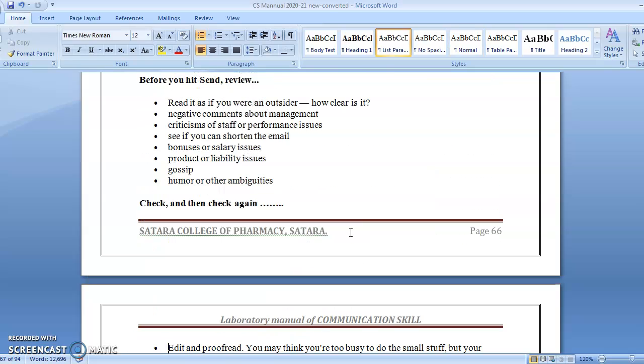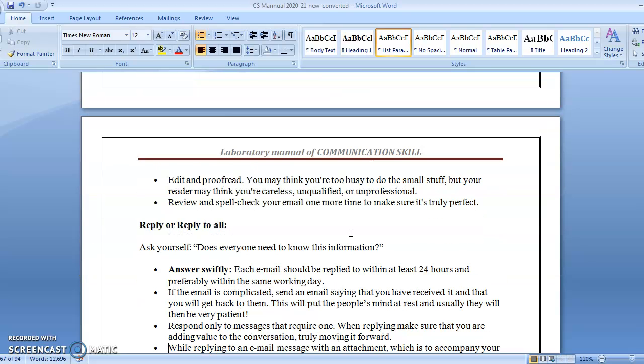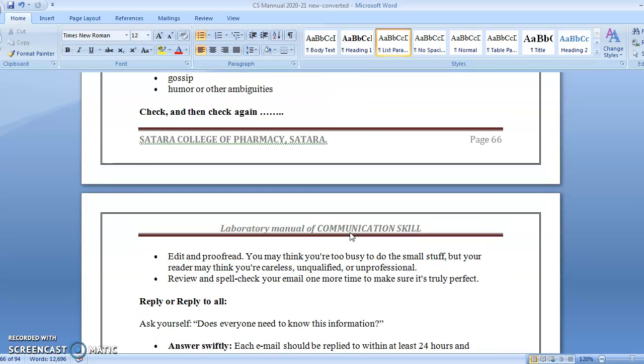Before you hit send, review. Just before you hit send, review some things, such as negative comments about management. Read as if you were an outsider. Then check, and check again.